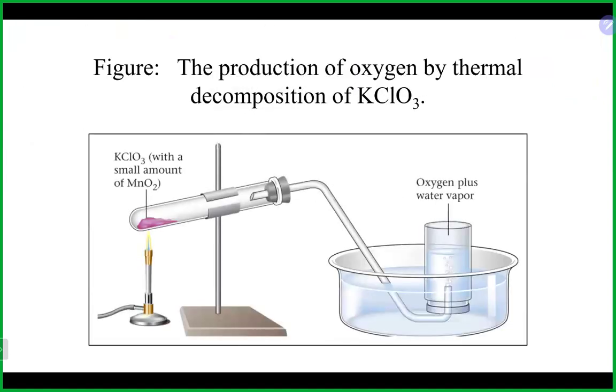Now, another type of partial pressure situation can develop. Not for you, because they took this experiment out, which was the one we usually do next. This is an experiment we used to do next, in which they have some potassium chlorate here, and what they're going to do is heat it up.